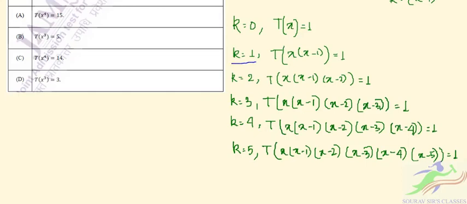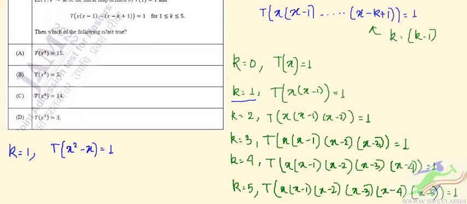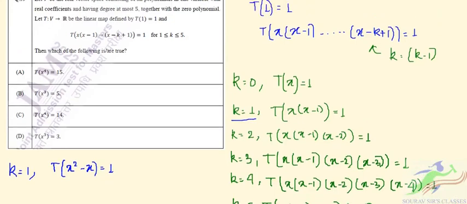So if we simplify this, k equal to 1, T of x square minus x is equal to 1, and we have been told that it is a linear map, so it can be linearly transformed. So you can see the linear map defined by T(1) equal to 1.